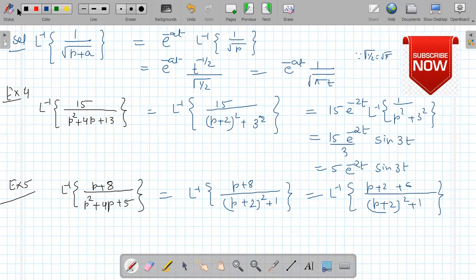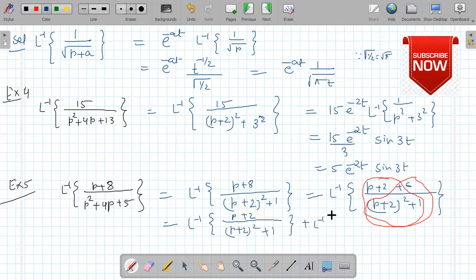Now we separate this. Separate these two. So we can write this as Laplace inverse of p plus 2 divided by p plus 2 whole square plus 1, plus Laplace inverse of 6 over p plus 2 square plus 1.